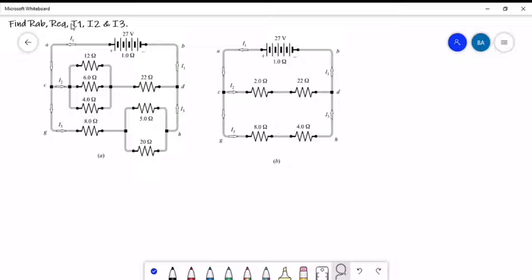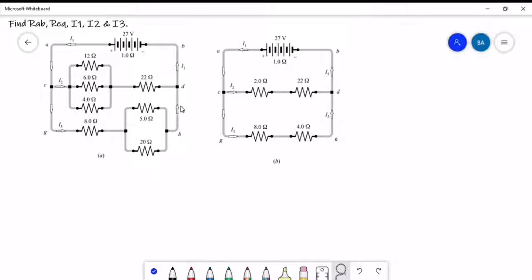So for the R equivalent, the total equivalent, we take the RAB, the equivalent resistance, and then we add the internal resistance, which is 1 ohm. The internal resistance is just connected in series to the rest of the equivalent resistances.